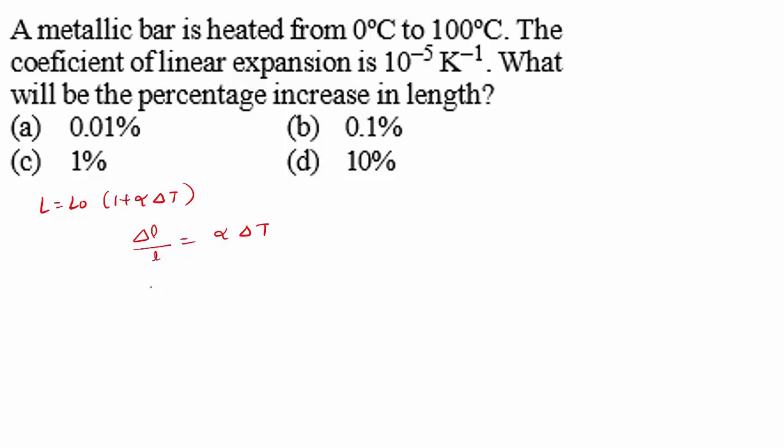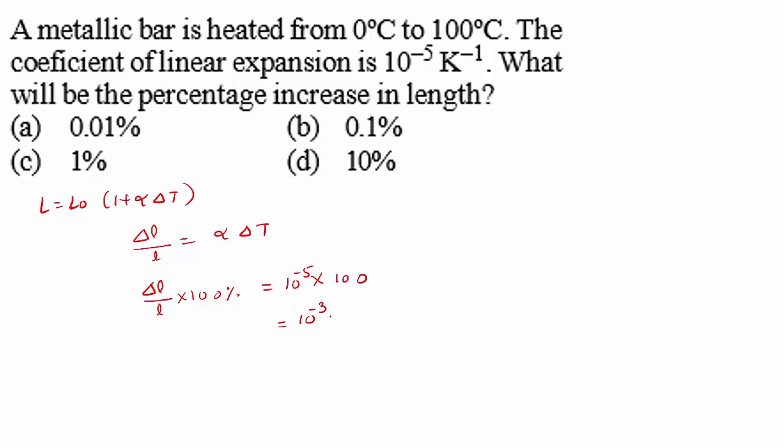Substitute the values. Delta L divided by L, so it is in terms of percentage, let us write into 100. So that gives in terms of percentage, alpha value is given, coefficient of linear expansion 10 raised to minus 5 per Kelvin, into delta T, the change in temperature. Initially it is 0, final temperature is 100, 100 minus 0 is again 100. Substitute the values. So we will get 10 raised to minus 5 into 10 raised to 2, that is 10 raised to minus 3.